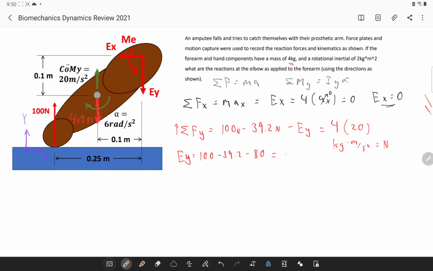And I'm going to get negative 19.2 newtons, right? Again, as is drawn, it's drawn downwards, so I could also say 19.2 newtons upwards on the forearm.